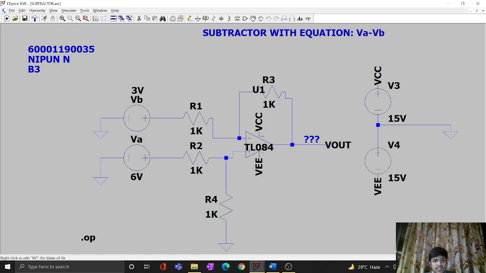In this case I have given VA as 6 volts and VB as 3 volts, and I'll simulate using TL084. I have given the power for the op-amps, positive and negative, as 15 volts.